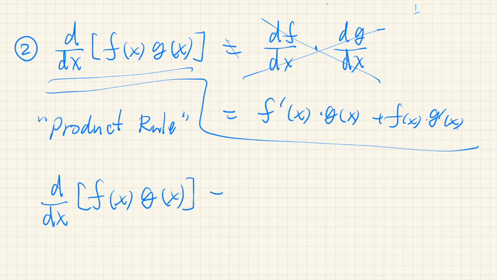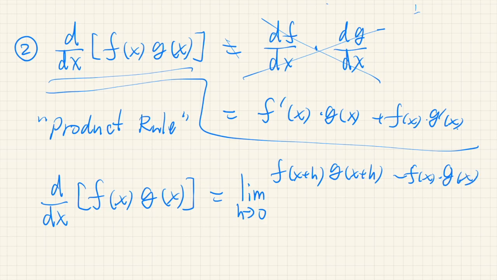By definition, it is a limit: as h goes to 0, f of x plus h times g of x plus h, minus f of x times g of x, divided by h.